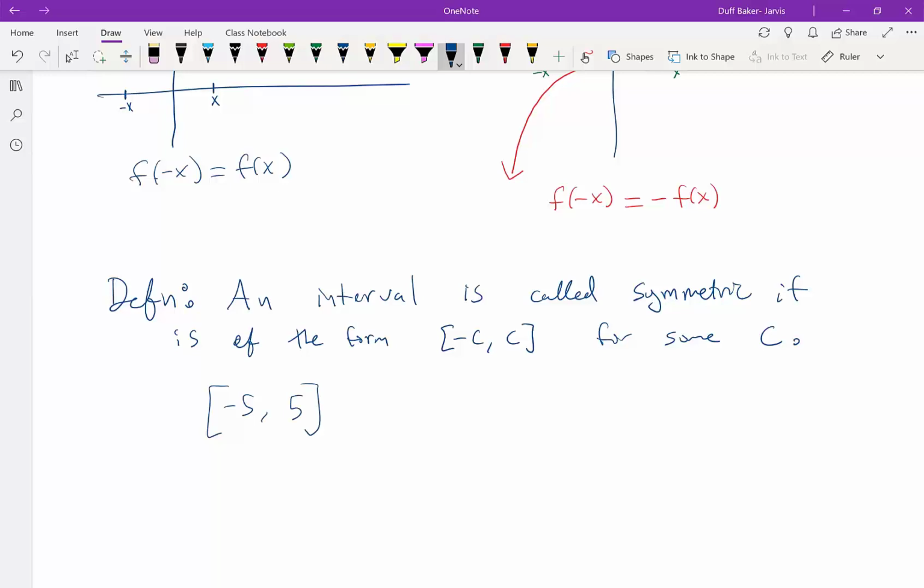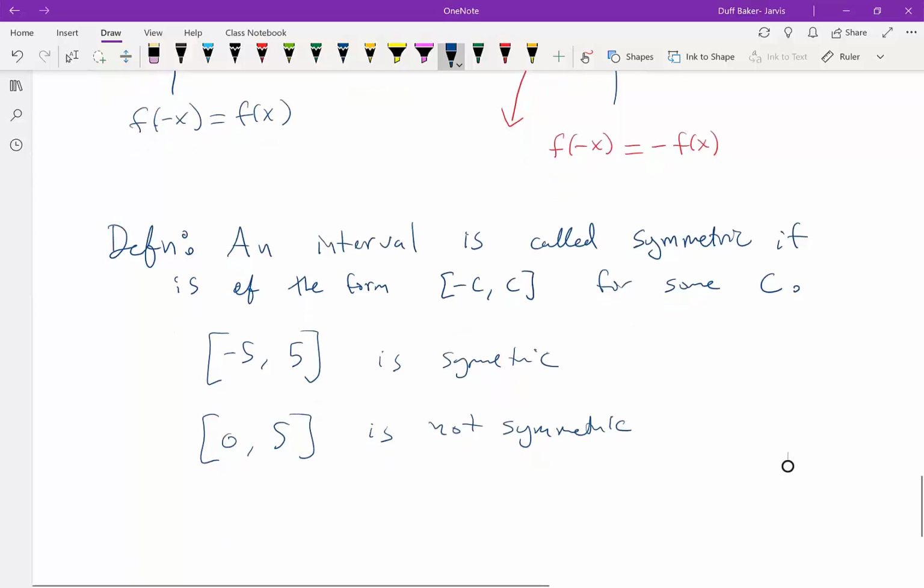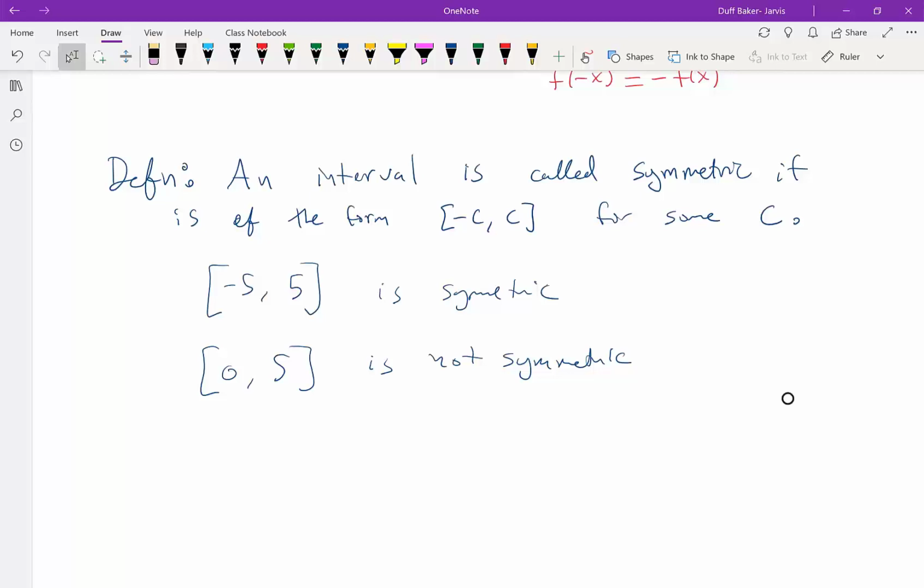So the interval -5 to 5 is symmetric. But if I took something like 0 to 5, this is not symmetric. This is different than even and odd. This is just for intervals on the number line. Why do we call it symmetric? If we think about 0 as being the middle, then a symmetric interval goes equal lengths on either side.